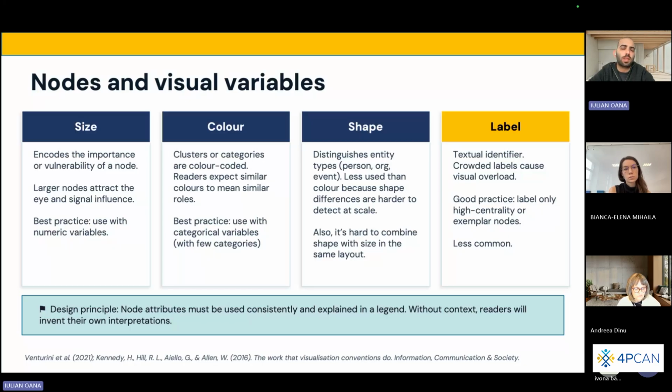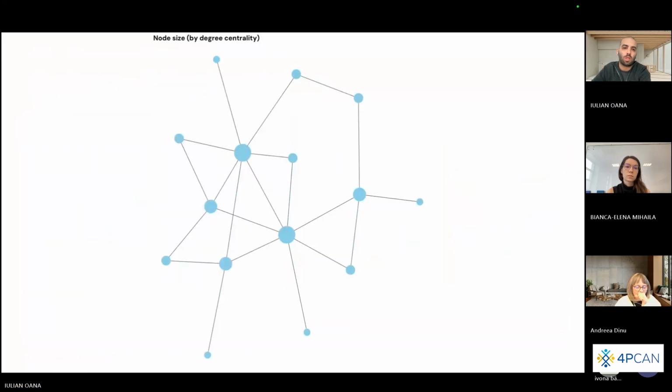Then it's best to put labels only for selected few that best transmit what our intention is. Now, some examples here.